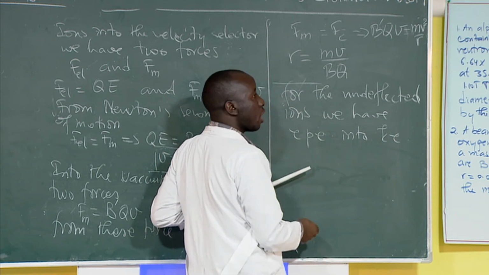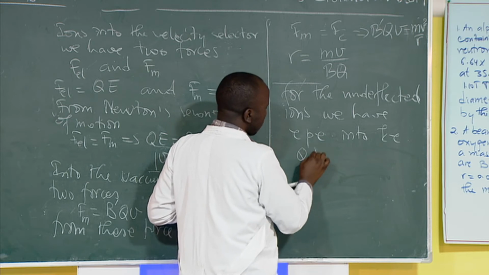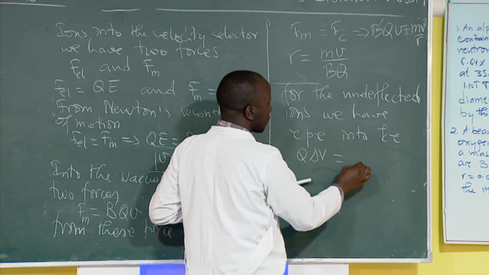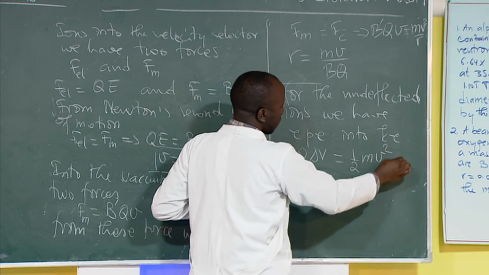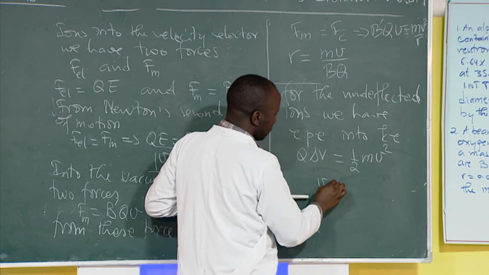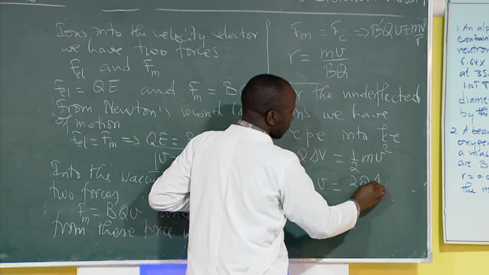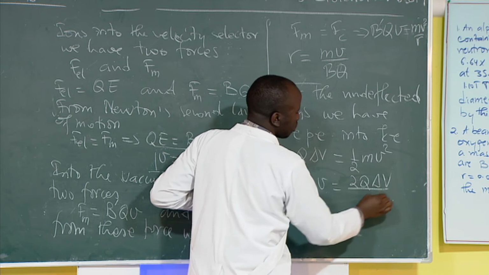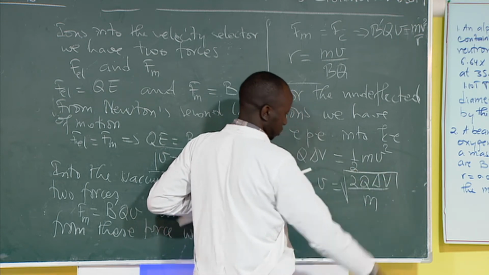So the charge times the potential difference is equal to 1/2 mass times v square. And then this gives v, which is equal to the square root of 2 times charge times the potential difference over the mass.